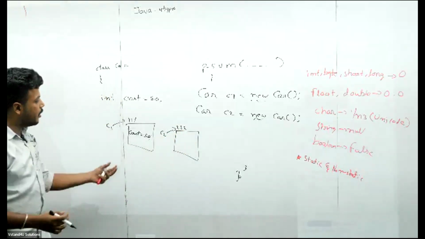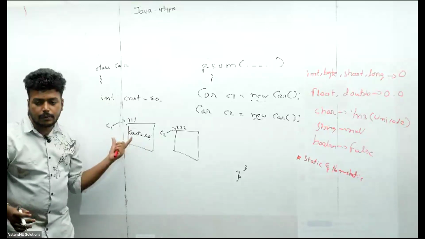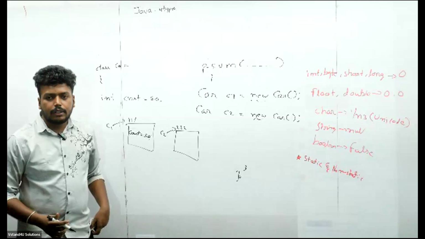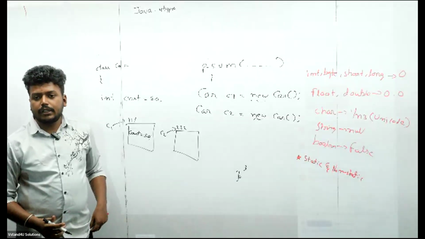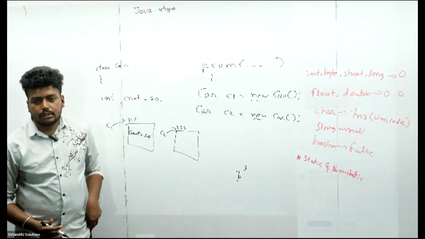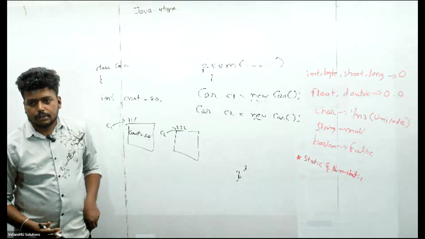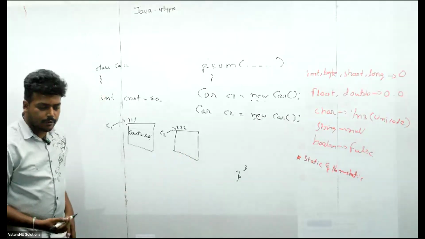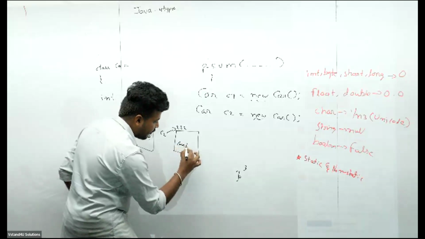What if I have stored cost as 15 in C1? What about in C2? Cost is equal to 50.